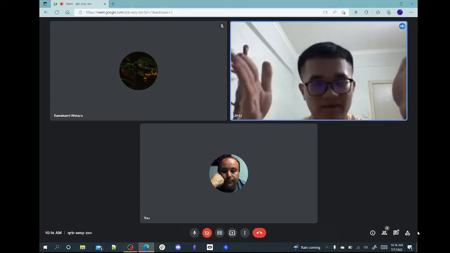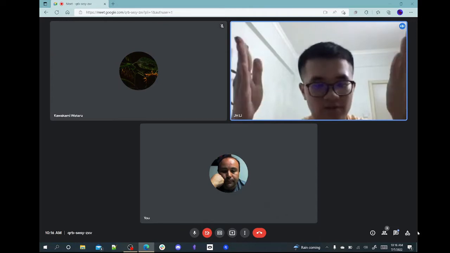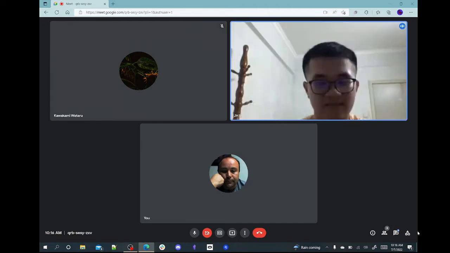Stage 2 is to build temporal graphs based on the output of stage 1. This is an example of a temporal graph.